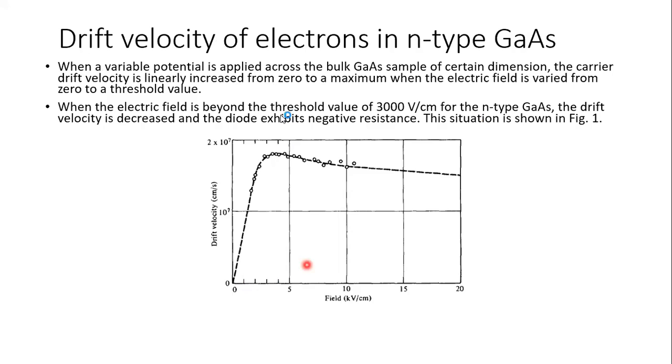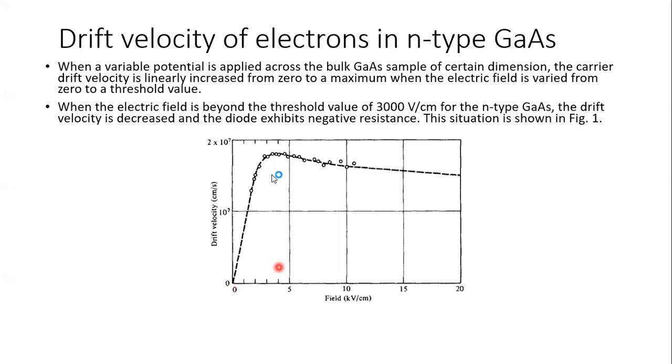As the potential applied to the N type gallium arsenide sample increases, of course the field intensity through that sample is going to increase. So initially it is observed that as the field strength increases, the drift velocity of the electron increases. So that increase in the velocity will lead to an increase in the current.